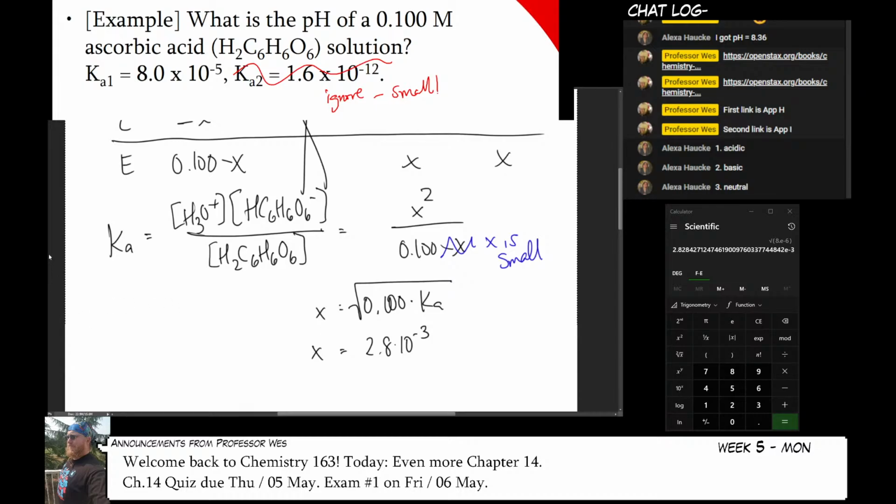Is that small? We'll actually check this one. What did I subtract it from? That was this right here, so that's what I will look at. So we'll take this number that we have in the calculator, divide by 0.1, and then times it by 100. And it is 2.82%. That's less than 5%, so x is small enough that we could call it accurate.